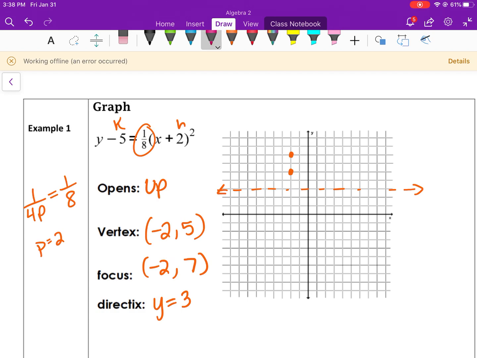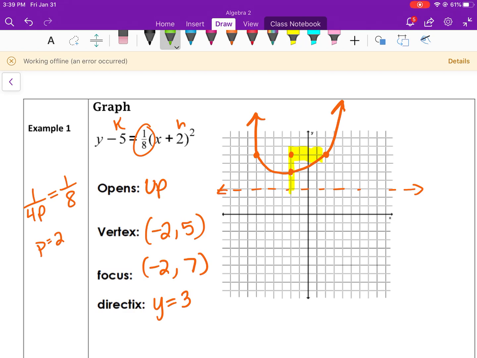Then to graph this, I have a total distance between the focus and the directrix of 4. So from the focus, I'm going to go to the right 4, and from the focus, I'm going to go to the left 4. And then I'm going to connect from the vertex through those 2 points, so that the distance from the focus to the directrix is always the same as the distance from the focus to the parabola.